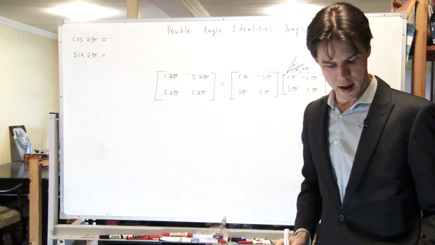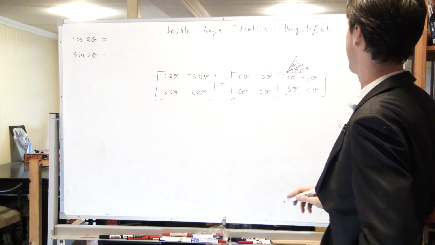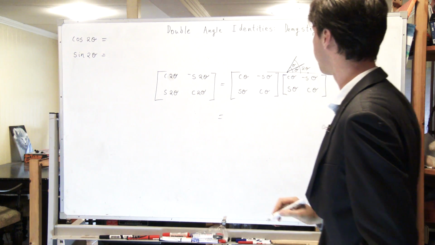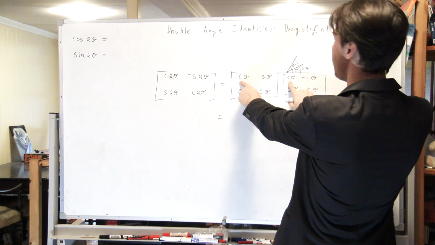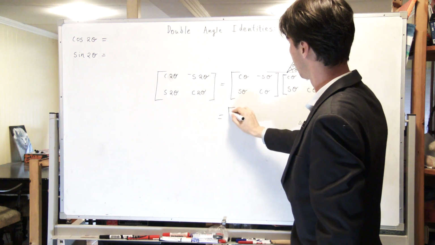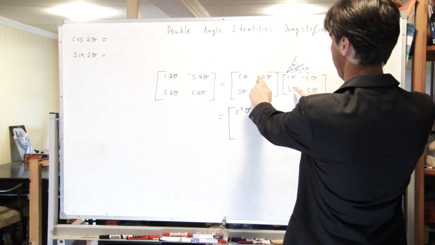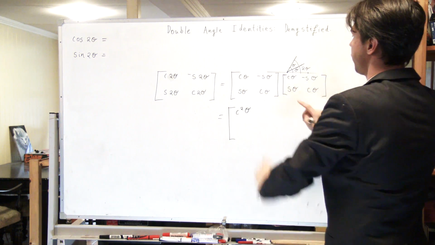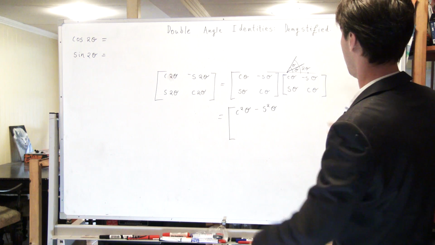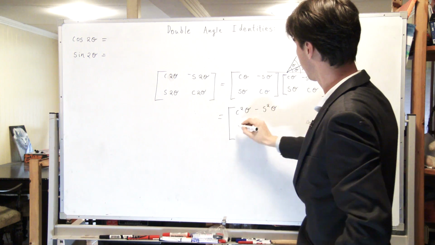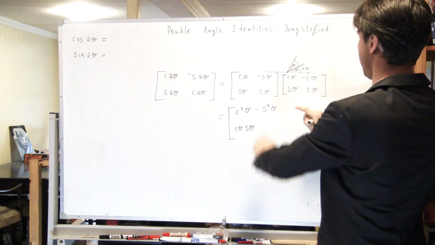There we have it. And let's take matrix multiplication here to find the matrix which represents that total transformation. So we have cos of theta times cos of theta. That's cos squared theta plus negative sine of theta times sine of theta. Then cos of theta times sine of theta plus cos of theta times sine of theta.